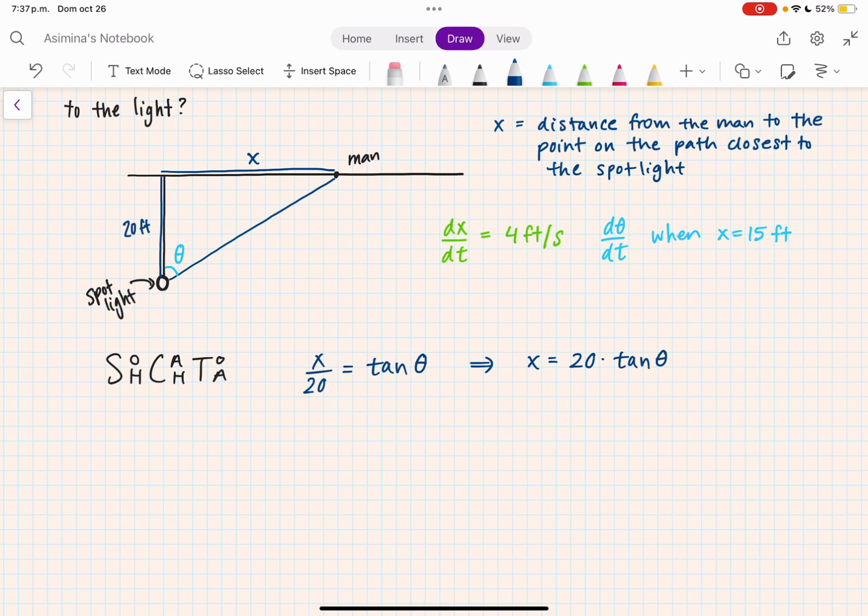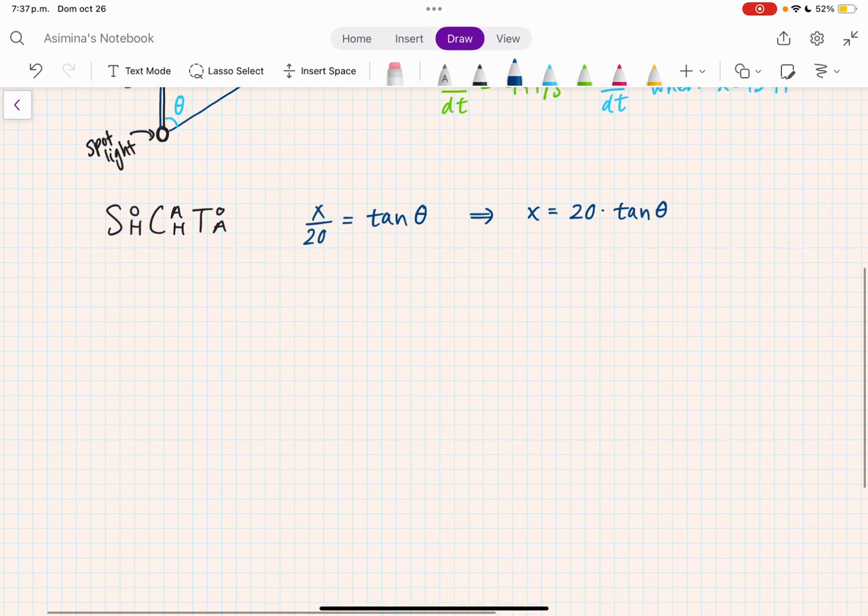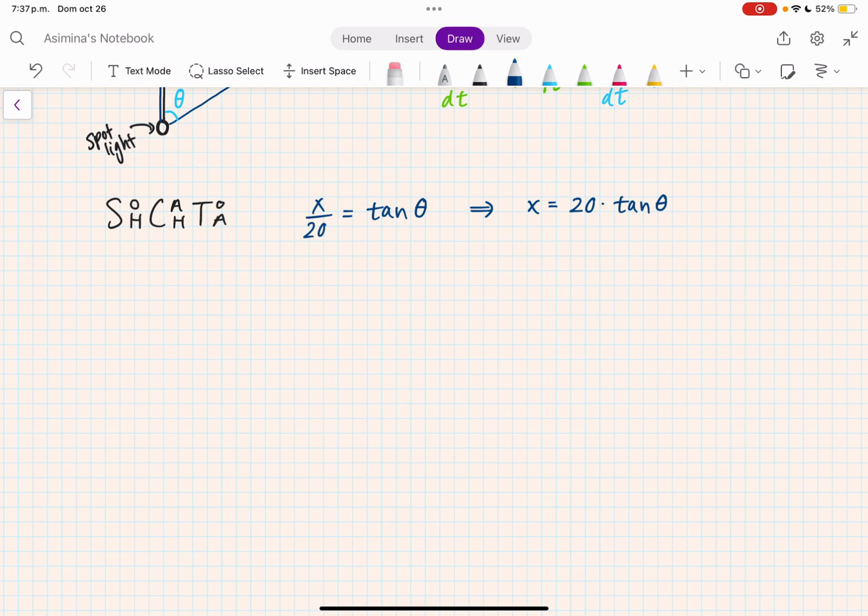Great. Now I can differentiate both sides with respect to t and get the following. The left-hand side just becomes dx/dt, and then the right-hand side becomes 20 times the derivative of tan of theta, which is secant squared theta times dθ/dt.